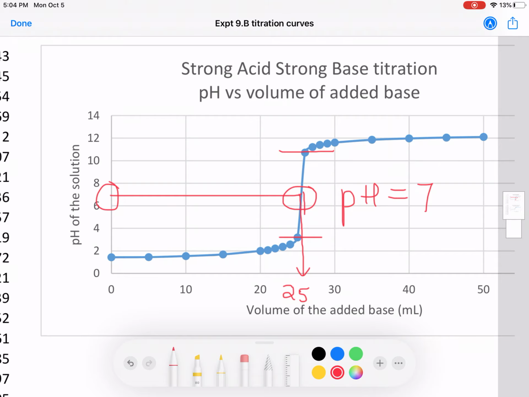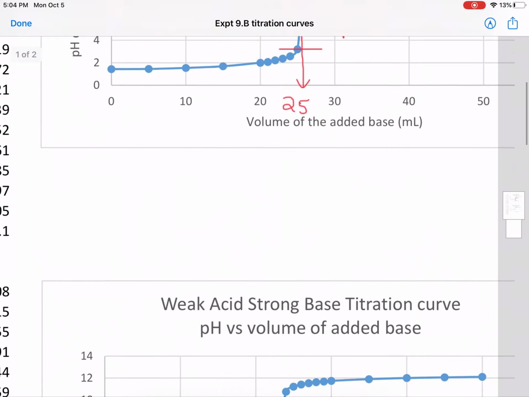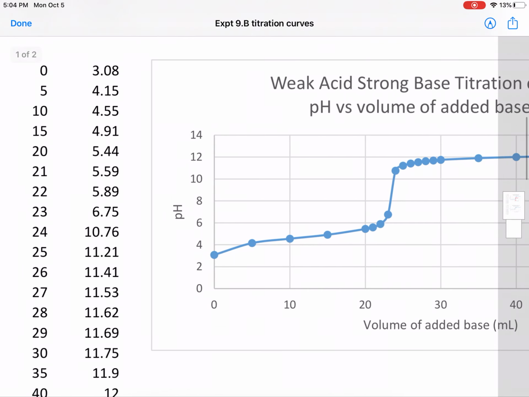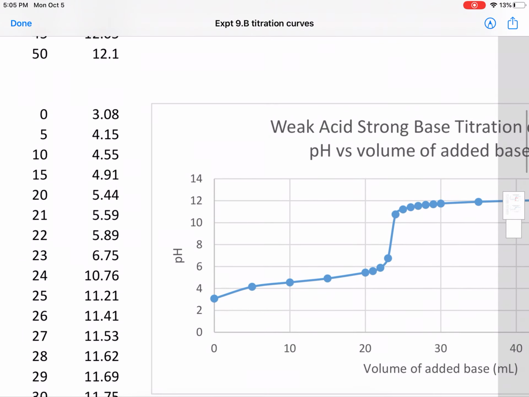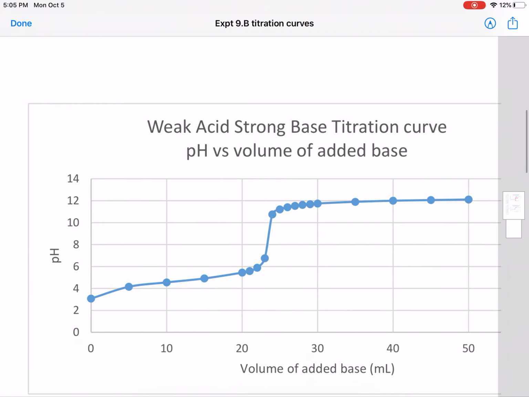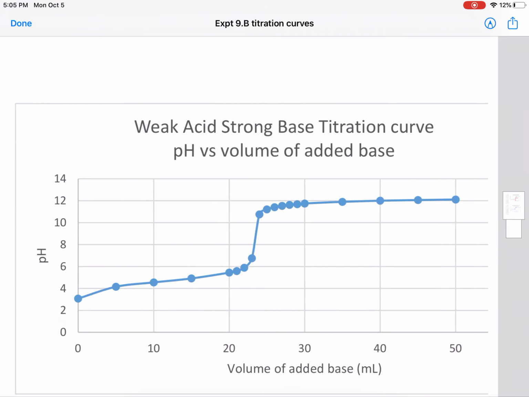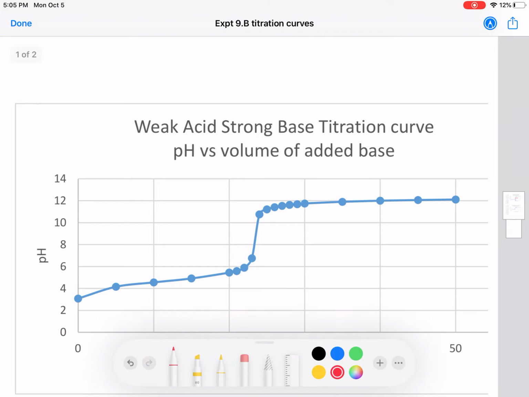Okay, and for the second one, you also need to draw it, putting the x-axis data as the volume of the sodium hydroxide added, and the y-axis as the pH of the solution. When you draw it like that, you will see a graph similar to this. Again, you need to have a title for the graph, and the axes need to be labeled. You will see that the initial pH started somewhere here, and then it gradually increases.